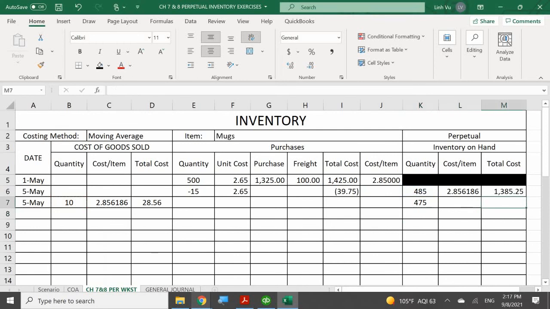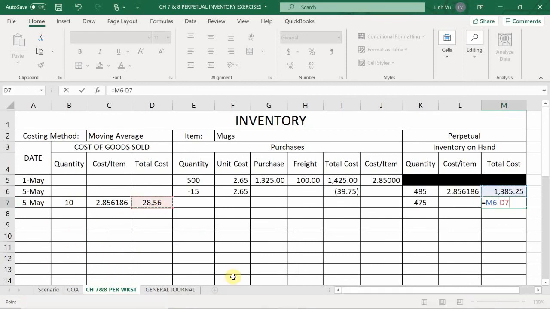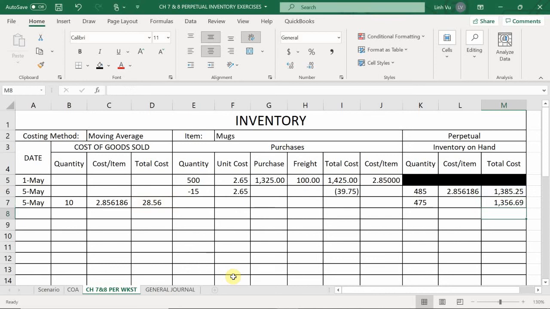At what total cost, if I sold $28.56? 1,356.69. Okay. Good.